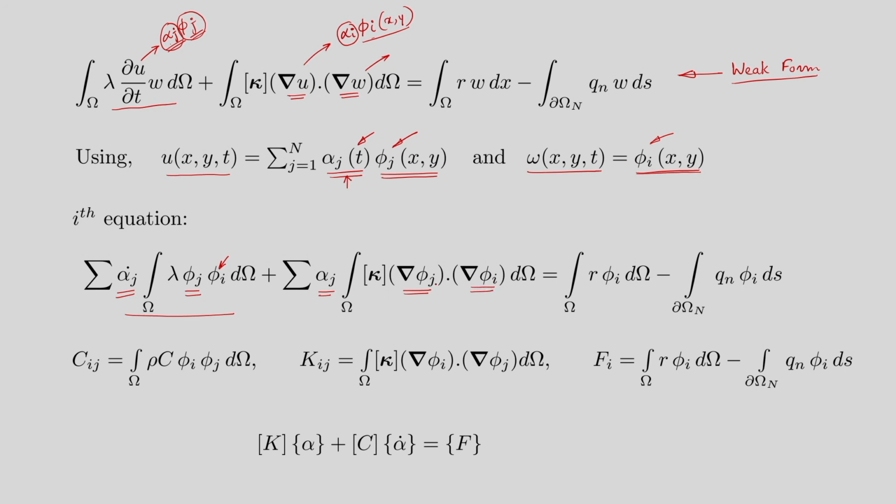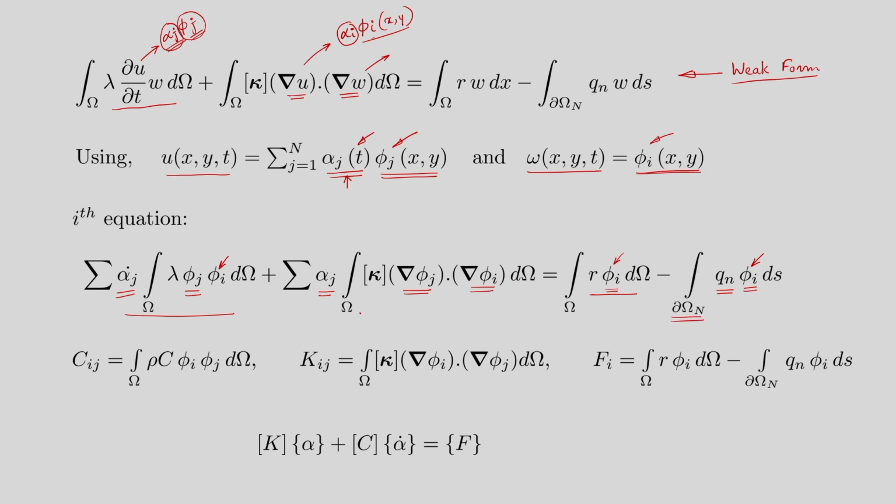So, everything else remains as it is, fine. And in the right hand side, w has been substituted with phi i, alright, in both the terms. So, we have heat generation term times the phi i, here we have the normal heat flux term times phi i, integration over the Neumann boundary, alright.